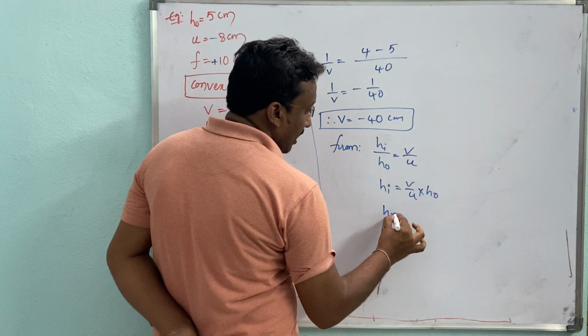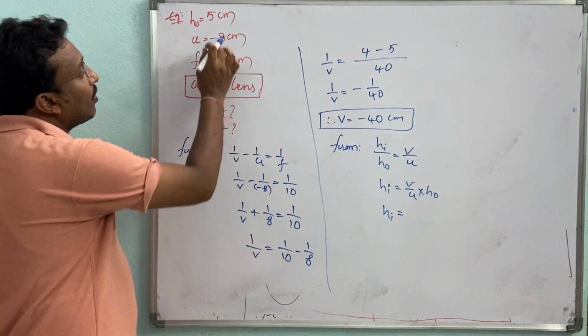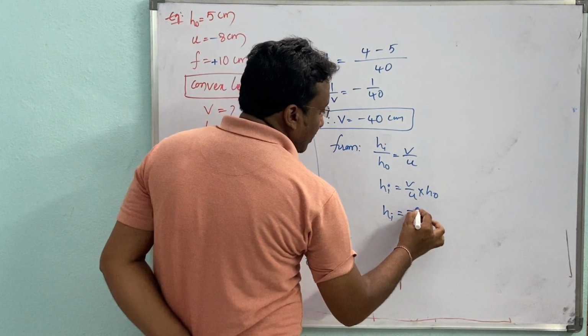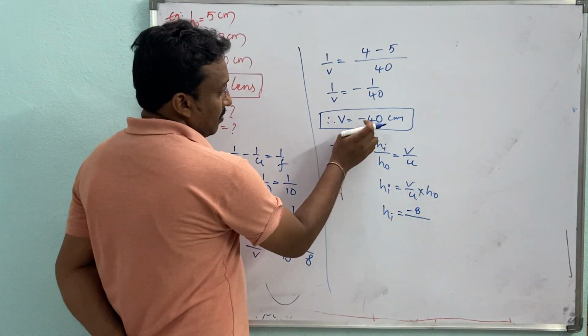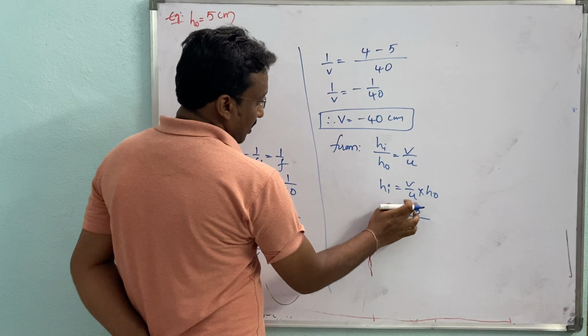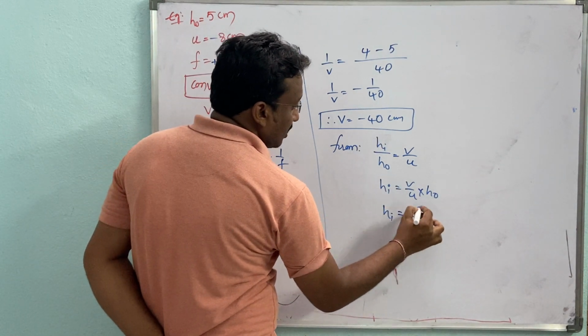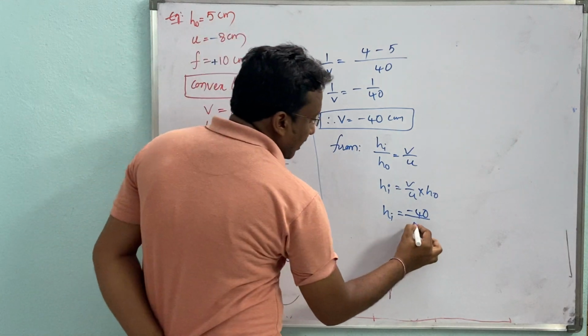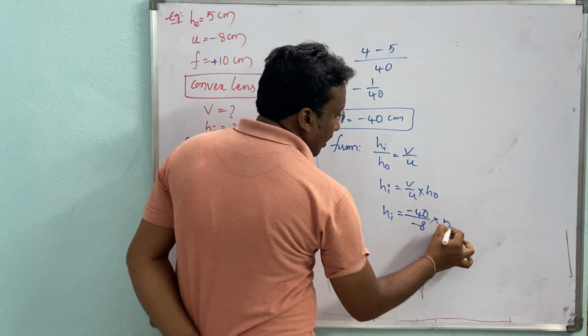Then V equal to minus 40, U equal to minus 8, into HO equal to 5 is given.